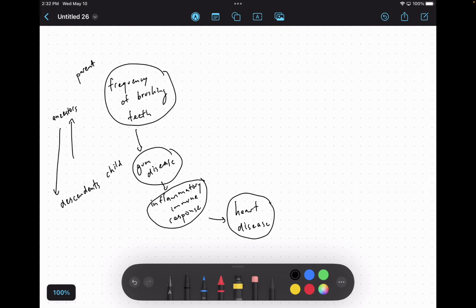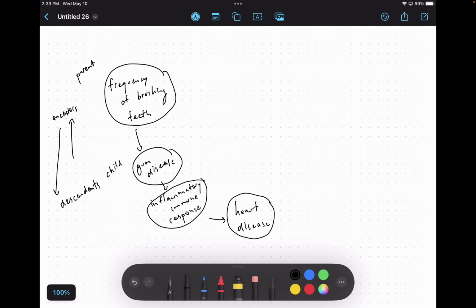If we were looking at just this plot, and this is the whole world right here, what are we saying about the effect of frequency of brushing teeth on heart disease? Is there a causal effect? Yes, right? It's all linked in one chain here.